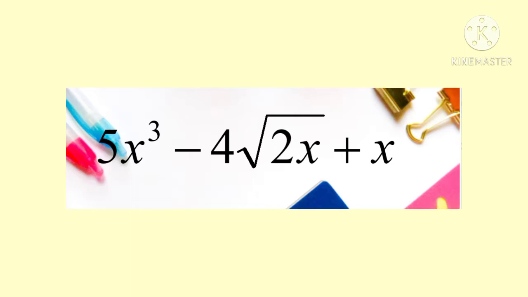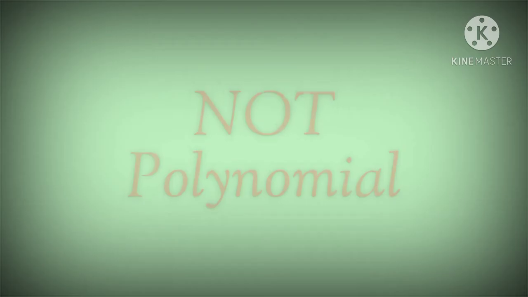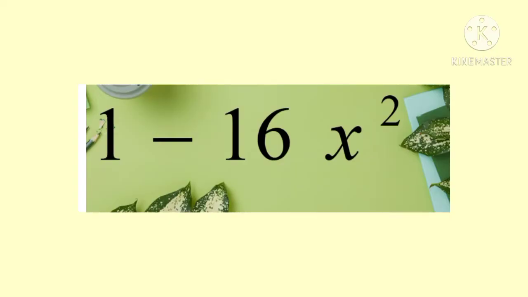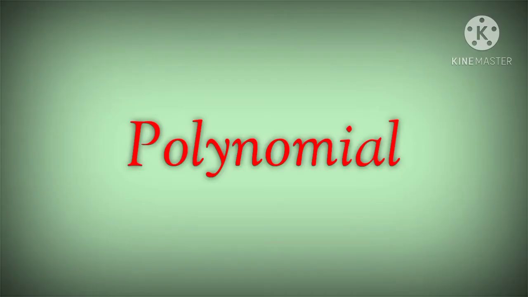Very good. Not polynomial because the variable of one term, which is negative 4 square root of 2x, is inside the radical. Number 3, 1 minus 16x squared. Polynomial. It's because of the positive exponent.